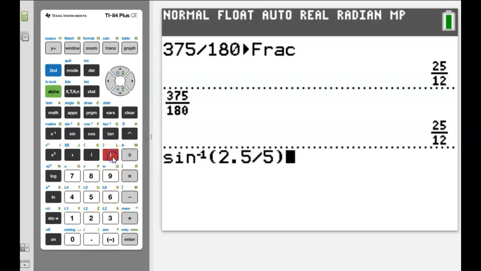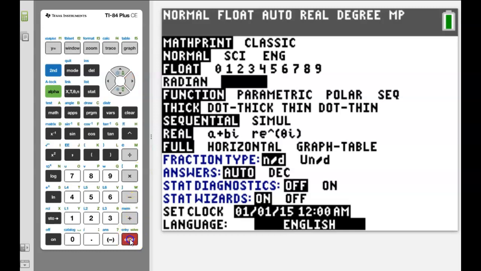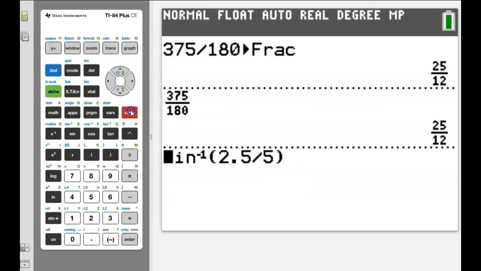Like that. Now, I am not in degrees. It should say at the top if you're in degrees or radians. Otherwise, you have to go to mode. Should be 30 degrees. How we doing? Just check that one so you know that you're in degrees. Everybody good?